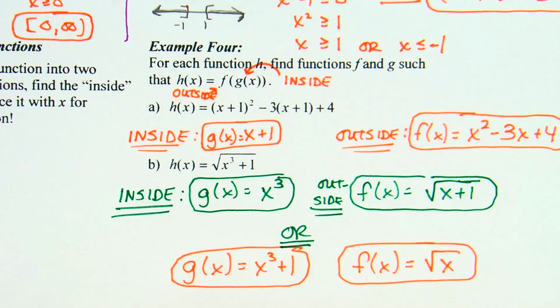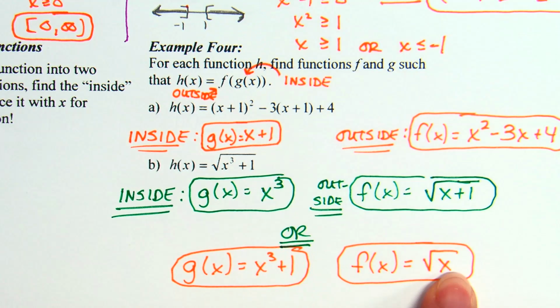Usually, I have all the options, and I can't get yours to go back together if it doesn't match one of mine. But I'm going to try it. Did you see one of those 2 ways? And I'm not saying there's not more out there. And here's how I check. x cubed plus 1, if I put it into f, it becomes square root of x cubed plus 1.